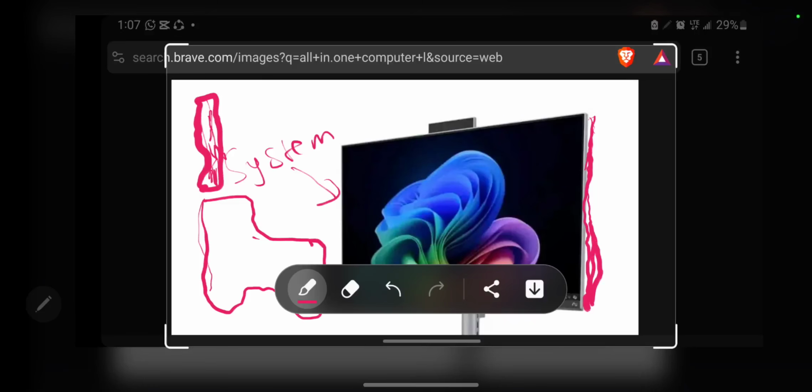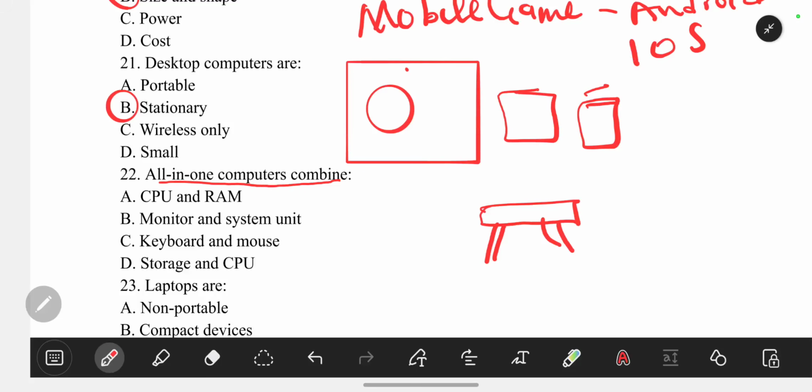So an all-in-one computer is a computer that combines both the system unit, we might be talking about the CPU and all that, and also the monitor. So this is generally the monitor, which is made up of the screen and even the external part here. So that is what an all-in-one computer is.